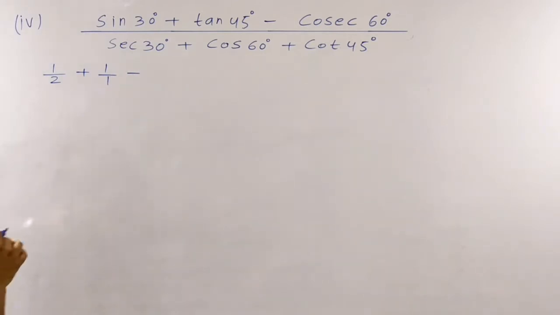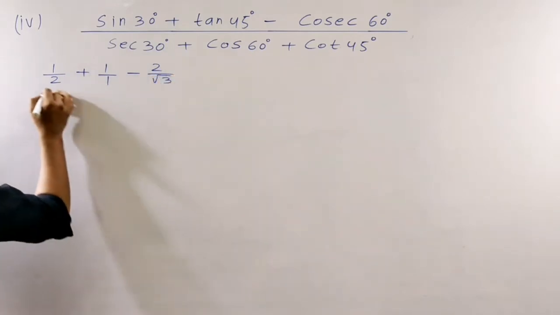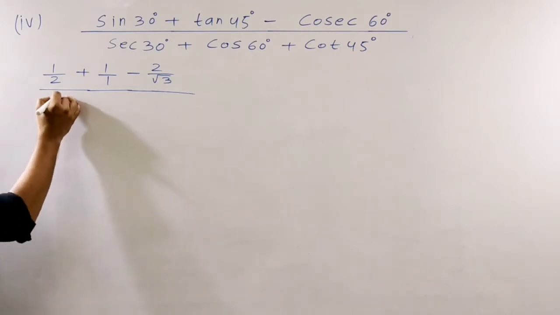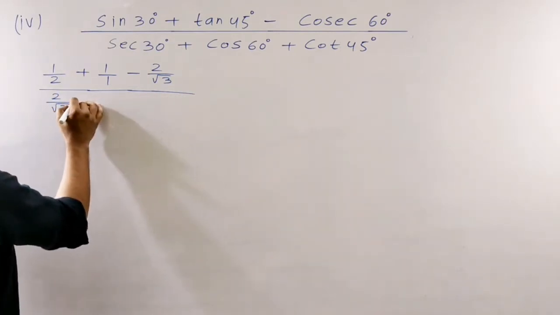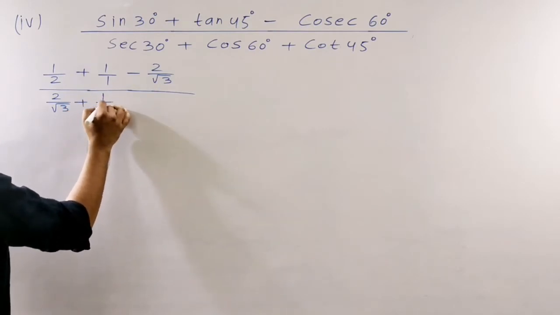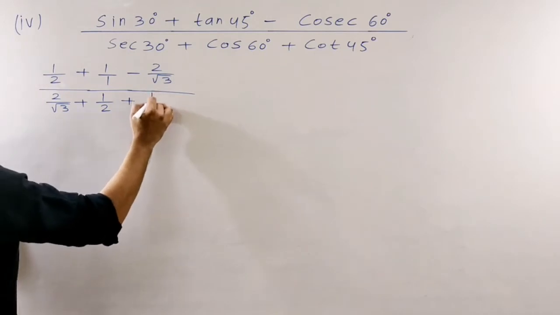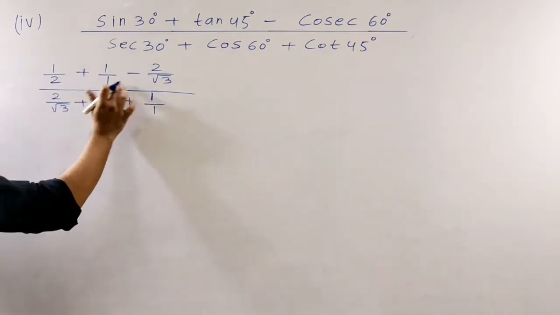Minus cosec 60 is 2 by root 3. Divide, sec 30 is 2 by root 3. Plus cos 60, cos 60 is 1 by 2, plus cot 45 is 1 by 1. Simply 1 means 1 by 1. Now 2 1 root 3.